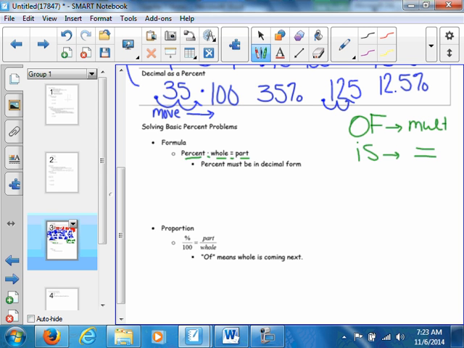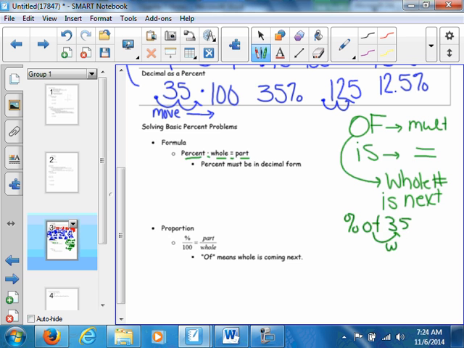I want to tell you one more thing. Of also in percentage problems means the whole number is next. So when you see the word like percent of 35, guess what? 35 is your whole number. Okay?